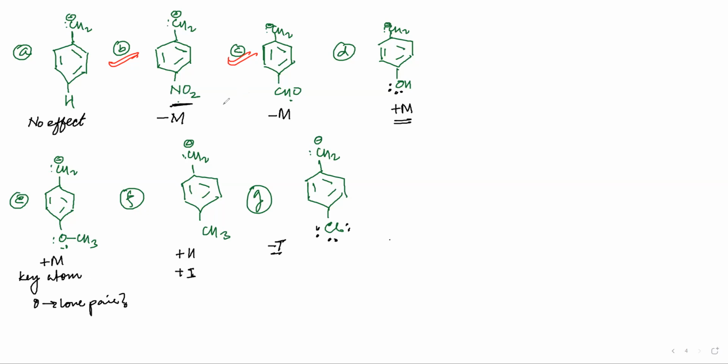Between NO2 and CHO, which is more electron withdrawing?